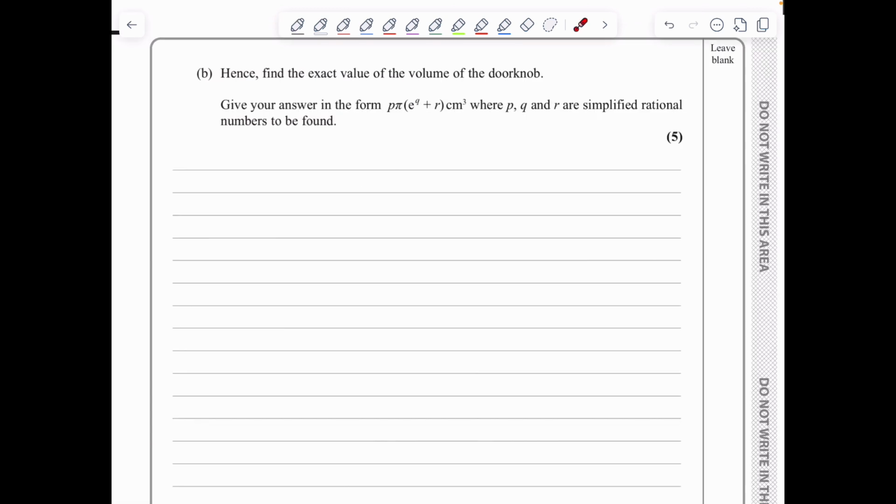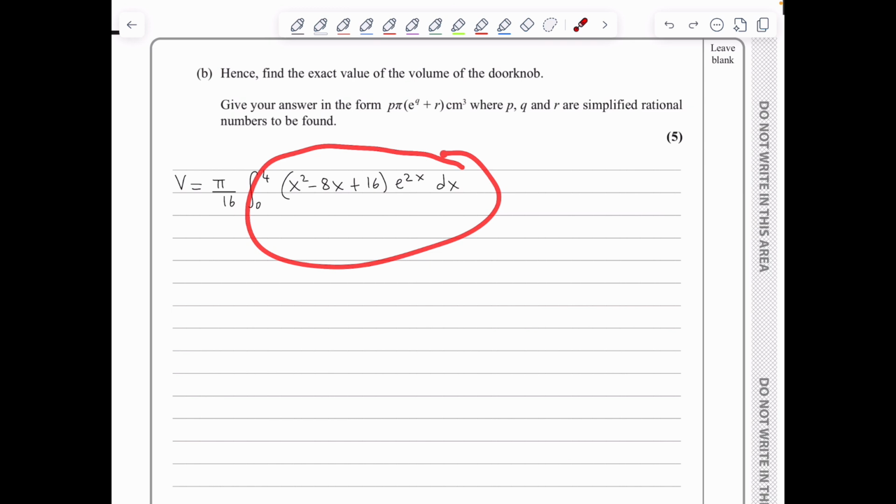In part B, we are asked to find the exact value of the volume, giving our answer in the form p times pi times e to the q plus r, with p, q, and r being simplified rational numbers to be found. So we need to evaluate the integral of pi over 16 times x squared minus 8x plus 16 times e to the 2x from 0 up to 4.